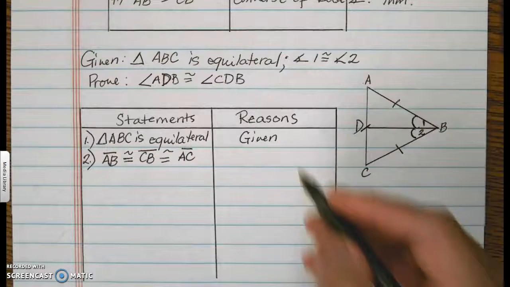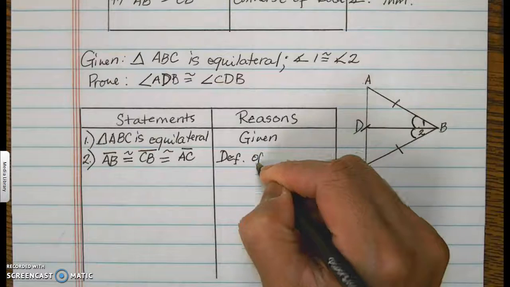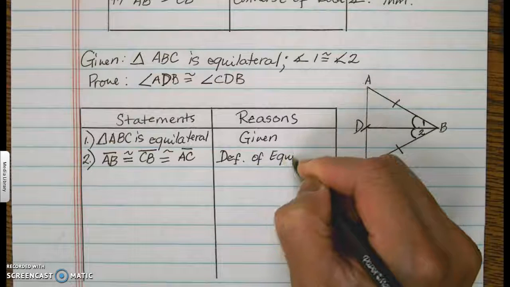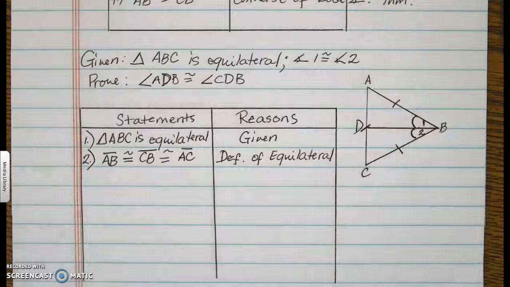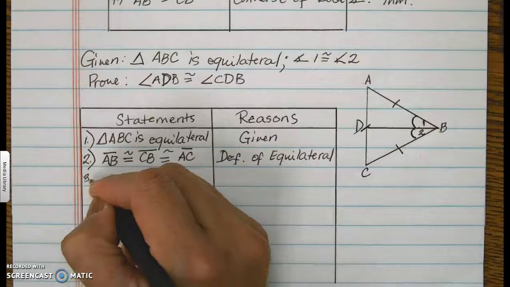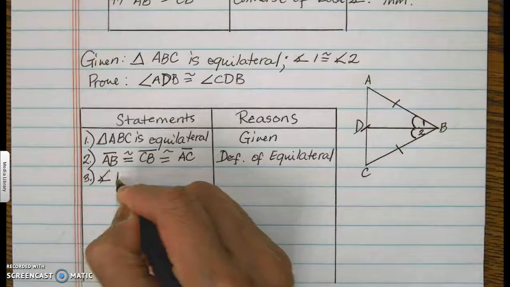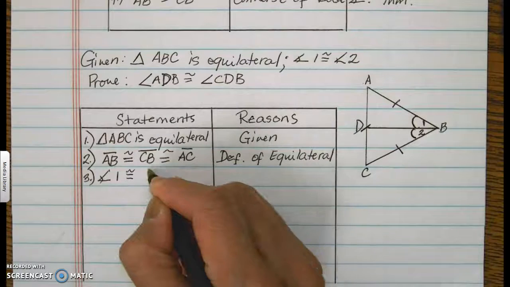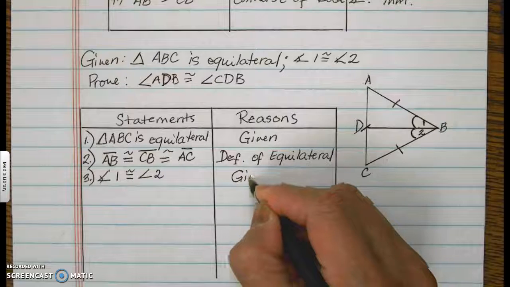Alright, and that is by the definition of equilateral. So the next statement I'm going to make is that angle 1 is congruent to angle 2, and that is given again.